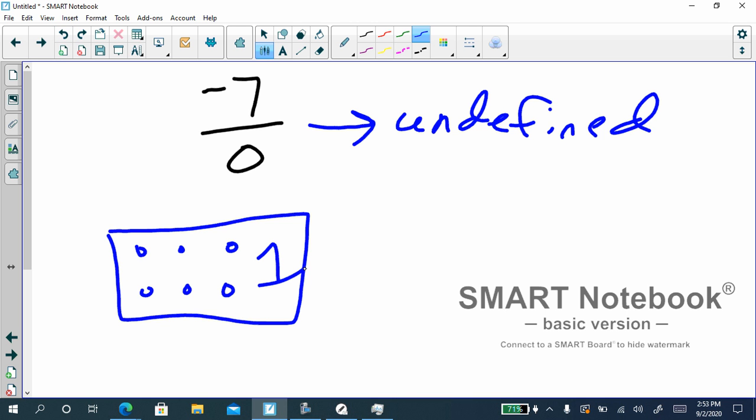So how can we divide it so that there are no groups and there still be 6 in there? Well, you can't. If you have something, you can't divide it into no groups, because by default, if you don't do anything, you have at least one group. So division by 0 is undefined. We can't really quantify what that means.